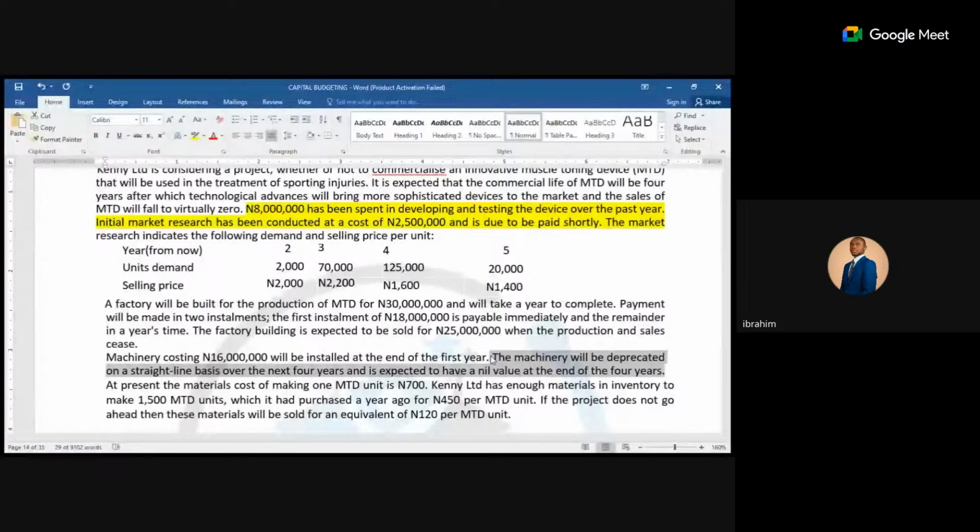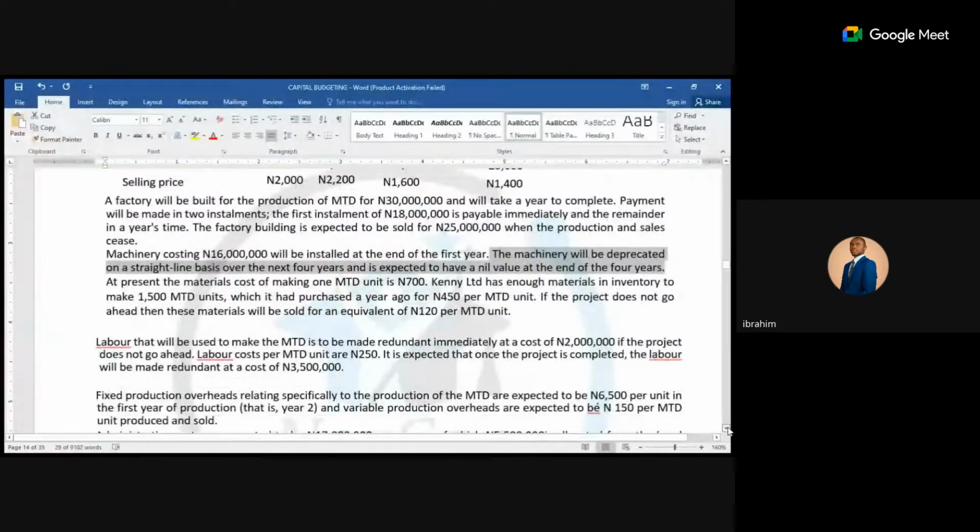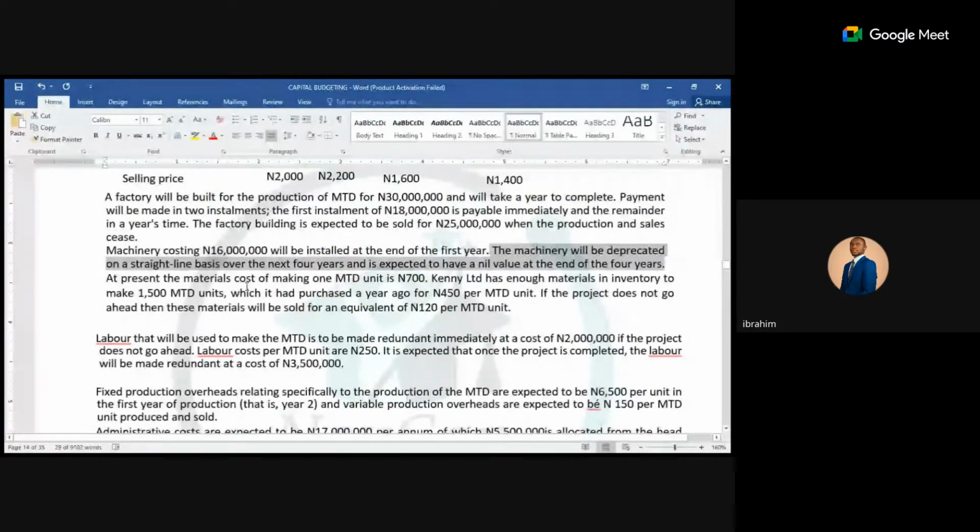Depreciation, we can add it in our notes that depreciation is not a relevant cost. At present, the material cost of making one MTD unit is 700 naira per unit. That is the material cost.